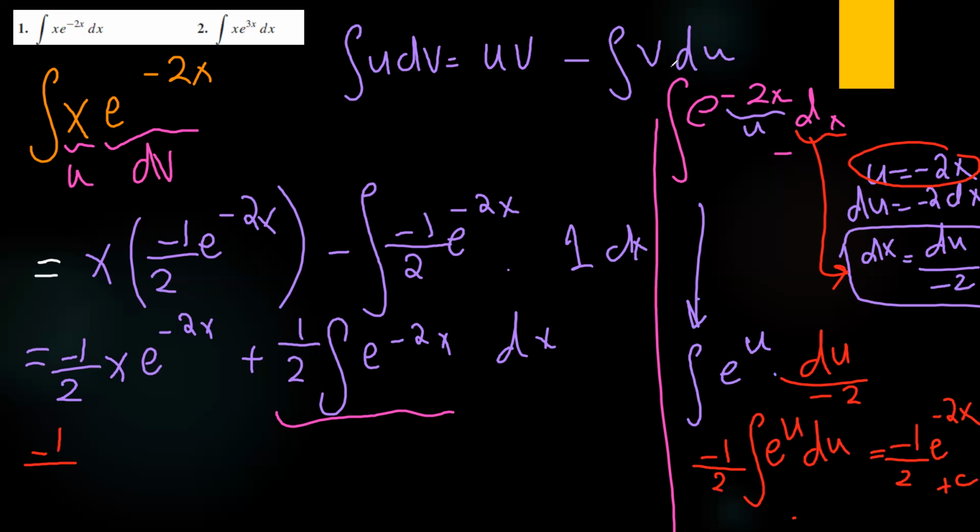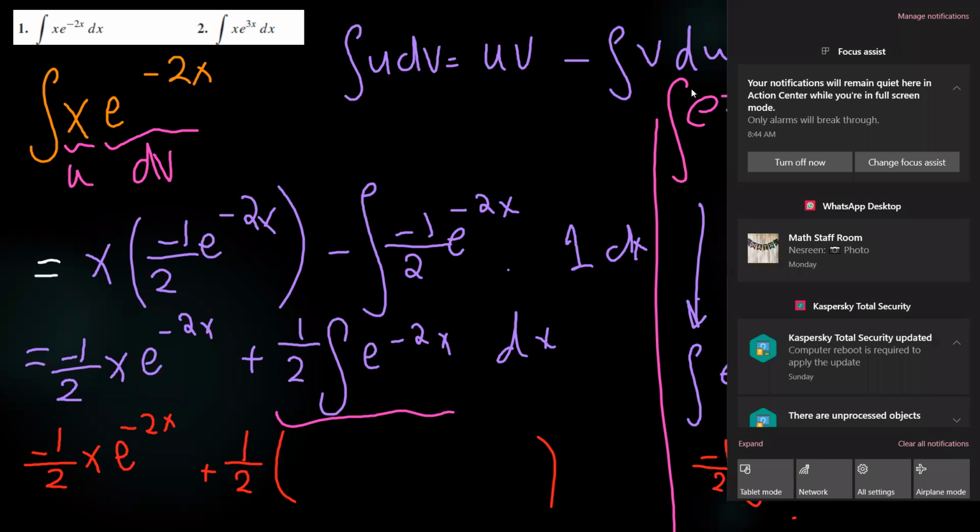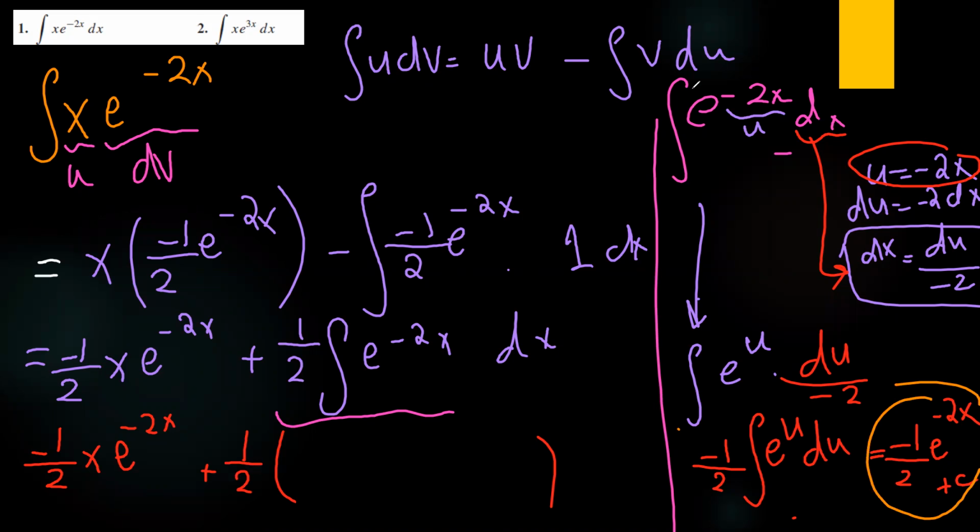So negative half x e to the power negative 2x plus half. Now, the integration of e to the power negative 2x, which we found here, let's write it here as negative half e to the power negative 2x. Now we finished. There's nothing we need to integrate.